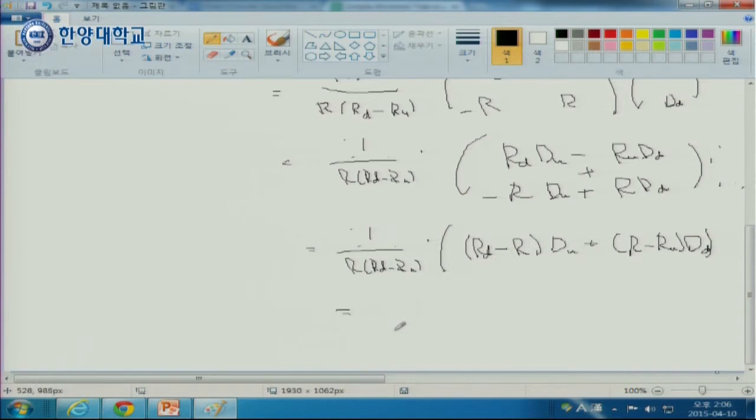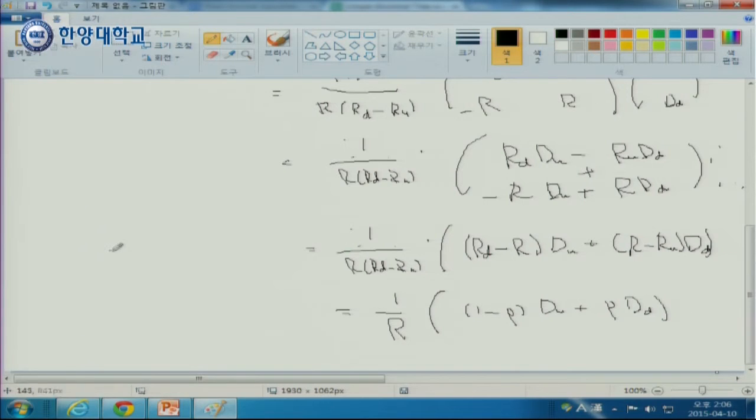And then I can simplify this one further, like 1 over R, and then let's say this is d, so let's say this is 1 minus p du plus p, let's define p, dd.